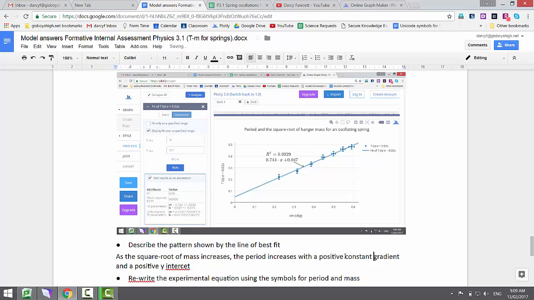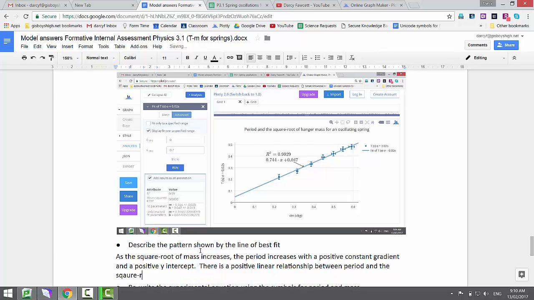Constant gradient with y-intercept. Fancy word for this is there is a positive linear relationship between period and the square root of mass. More spelling errors.